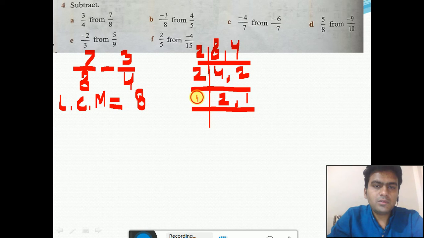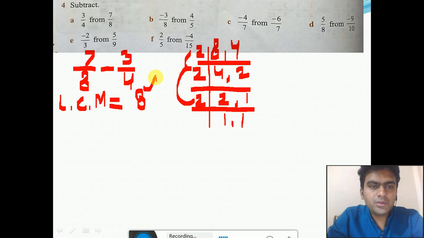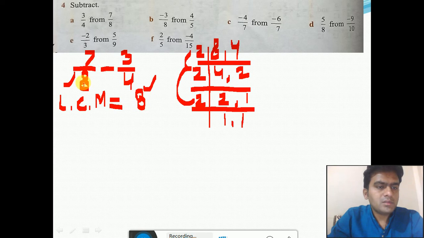Next 2 1s are 2. So 2 2s are 4, 4 2s are 8 is the LCM. And one more thing I was saying, if one number is a multiple of another number, here 8 is a multiple of 4, 4 2s are 8, so the LCM is the bigger number, so the bigger number is 8.